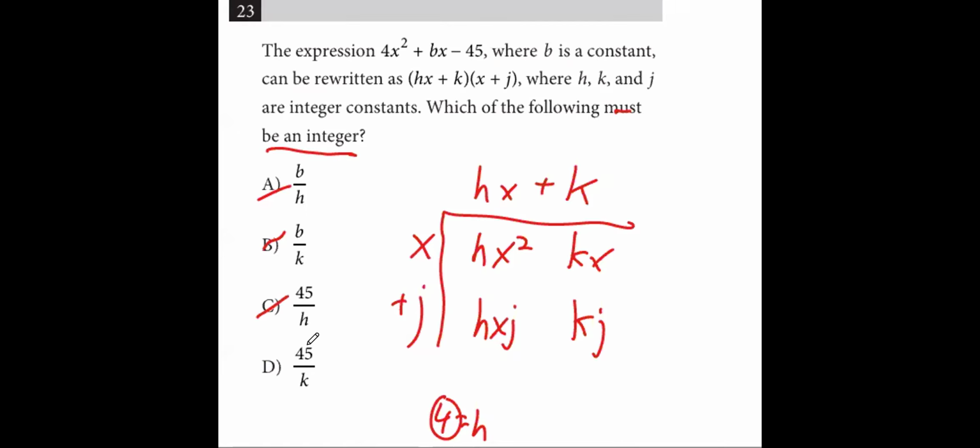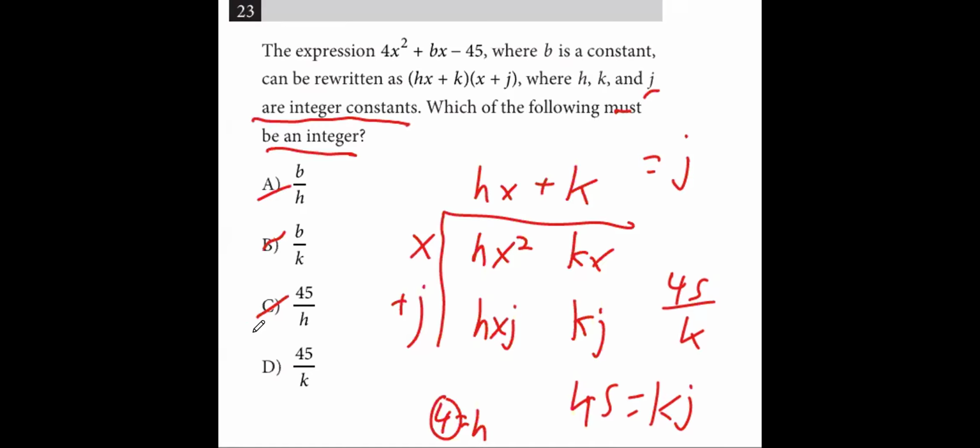For D, we have 45 over k. We know that 45 is equal to k times j, so if we divide by k, the answer would just be j. So 45 divided by k is equal to j, which we're told is an integer constant, so it must be an integer.